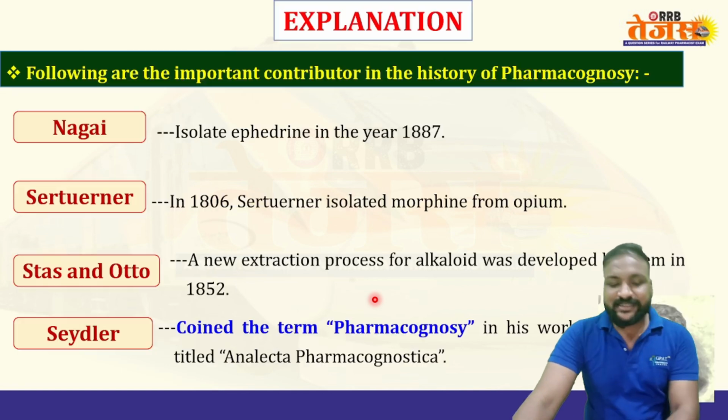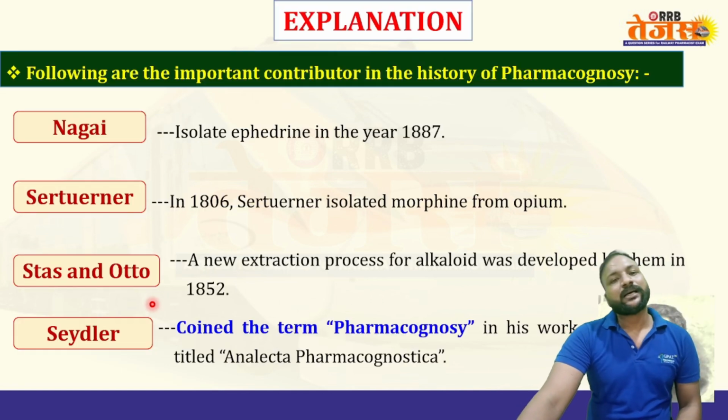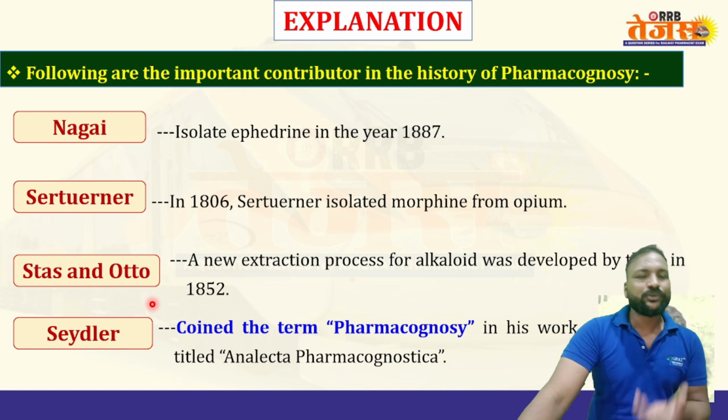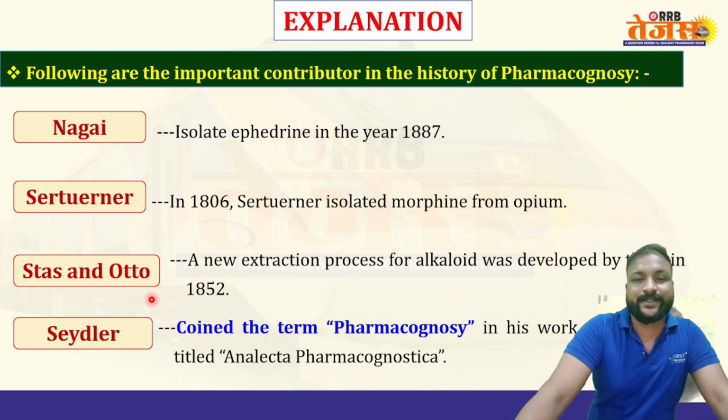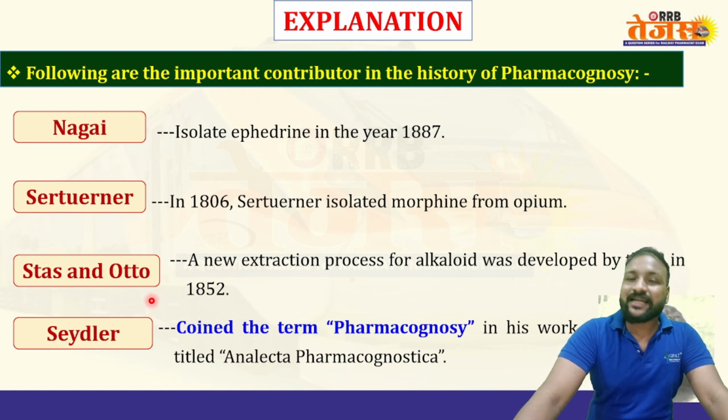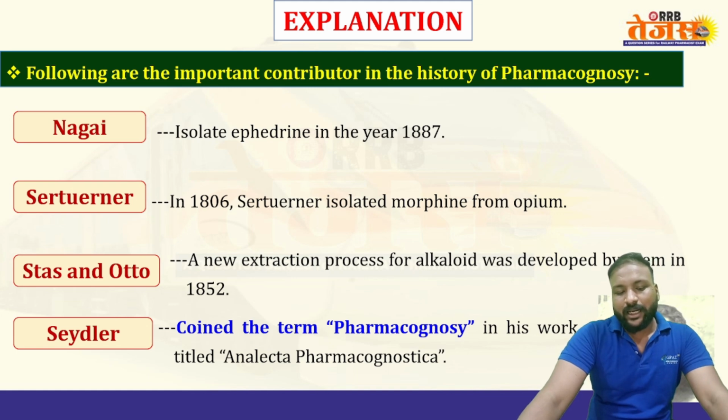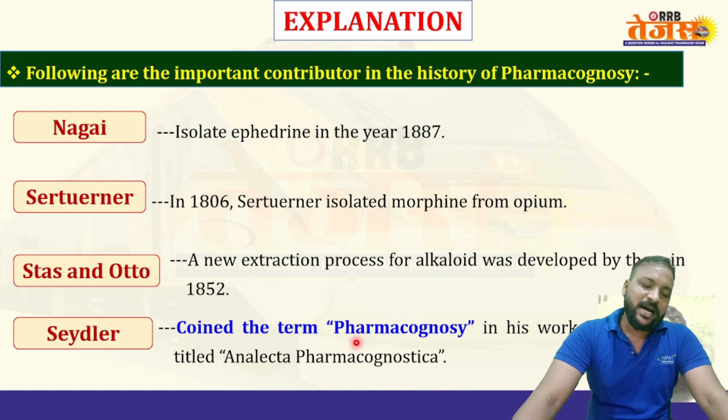As I said, C.S. Sedler is the person who first coined the name pharmacognosy in his research work titled Analecta Pharmacognostica.